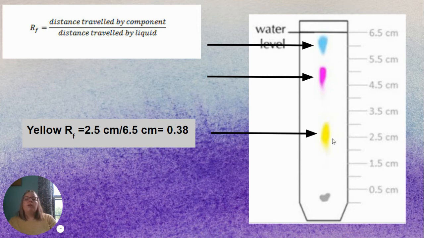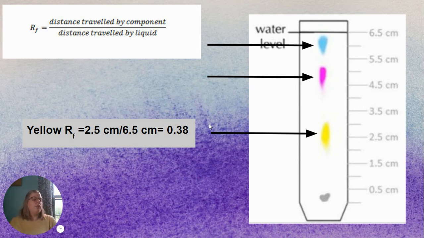Then you're going to divide that by how far the water level traveled, and that is going to be 6.5 centimeters. When I divide those two, the centimeters cancel out, and I am left with an RF retention factor value of 0.38.